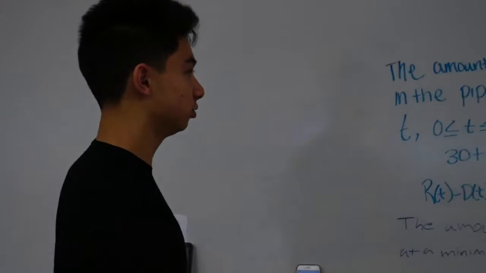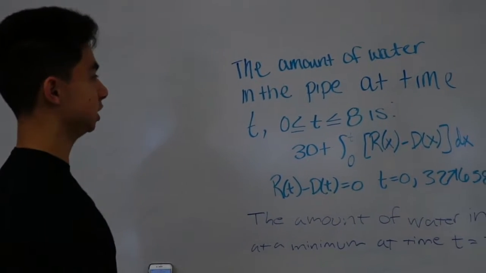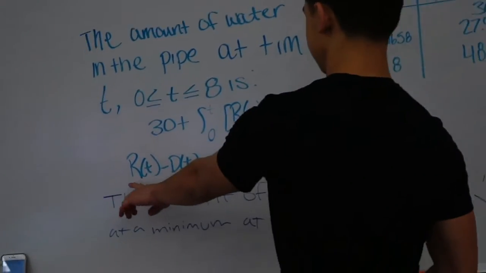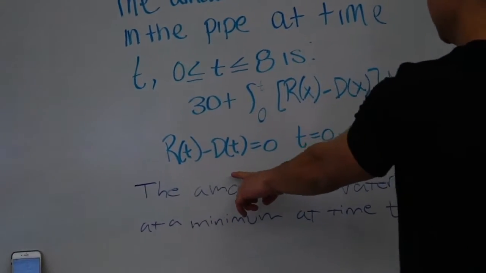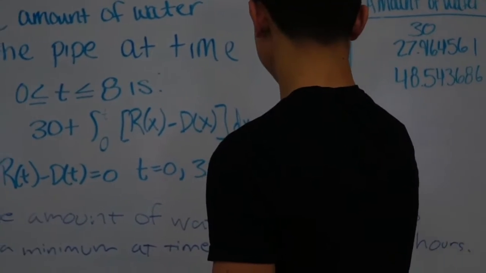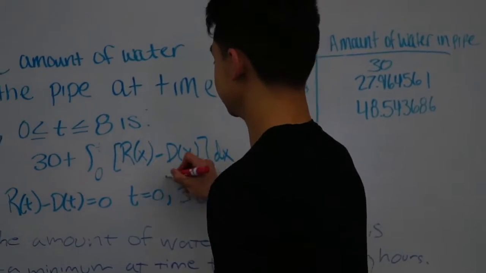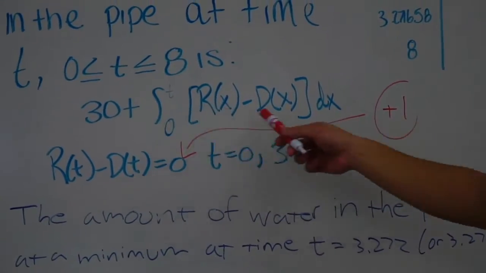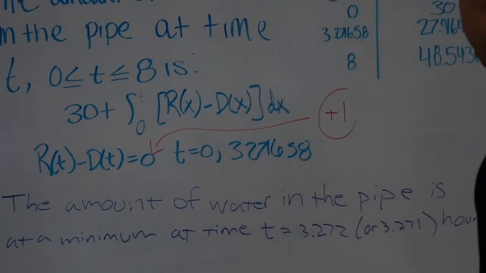Okay, so there are 3 total possible points for part C. The first one comes from saying that R of t minus D of t equals 0. So you get 1 point for having this piece right here, which again is just the derivative of the function that we wrote from the beginning. And then you get another point for having your answer.